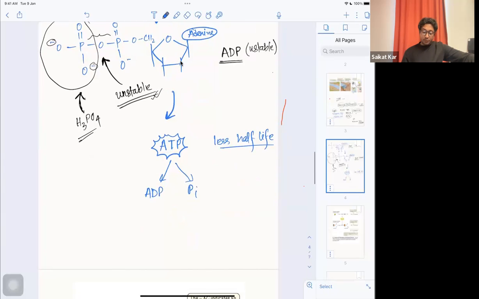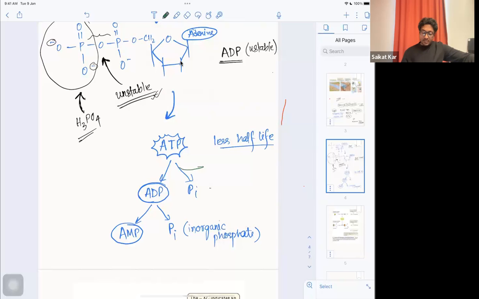And if you wait much longer, sometimes even ADP can be broken down to generate phosphate, Pi meaning inorganic phosphate, and release AMP, which is a very stable structure. In this step, there is a lot of energy released, which is 30.5 kilojoule.